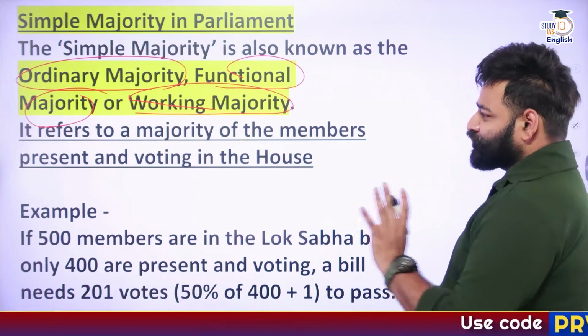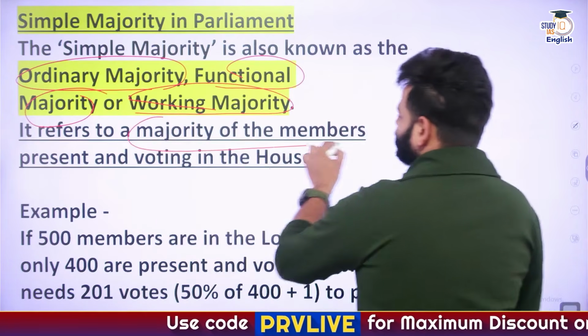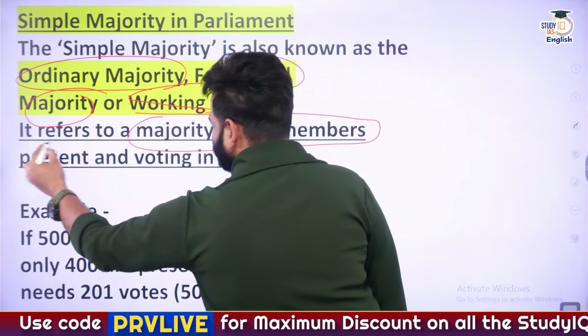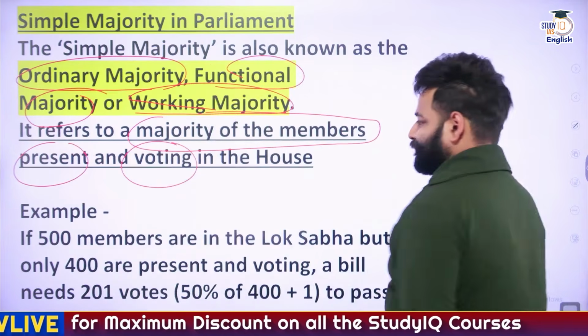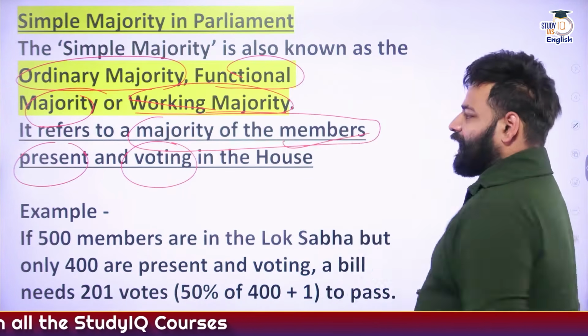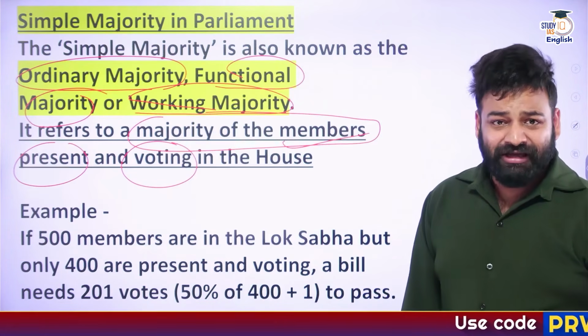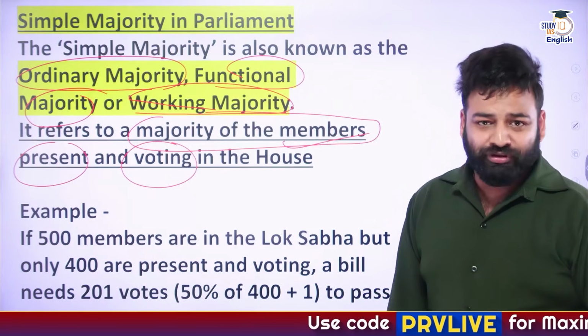Now, what is the simple majority? It is the majority of the members of the house present and voting. The majority of what? The members of the house who are present inside the Parliament on the day and are willing to vote as well.